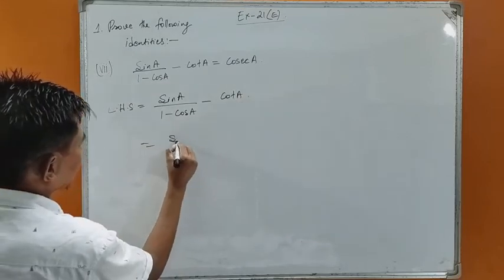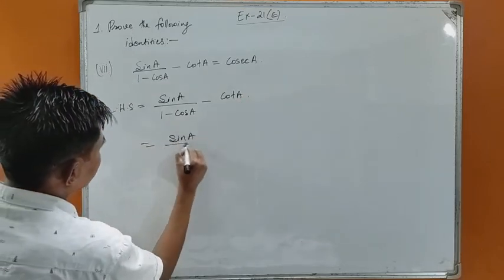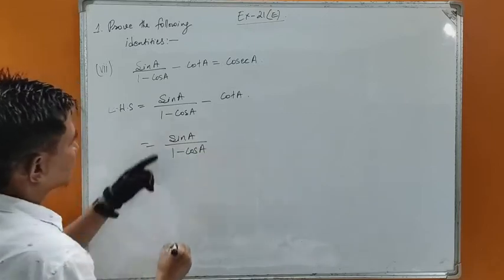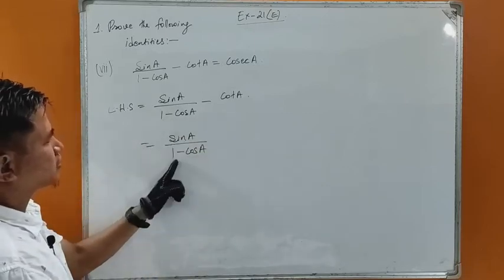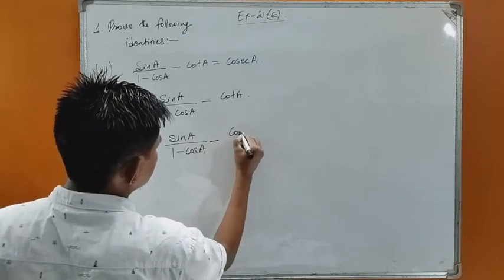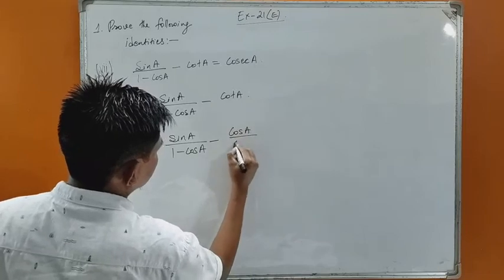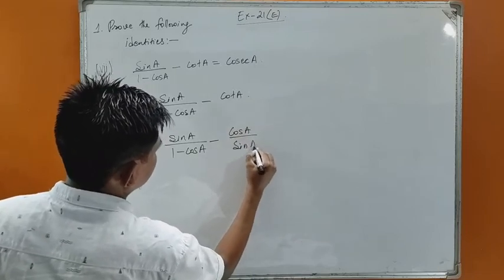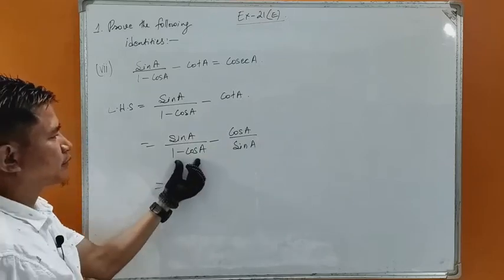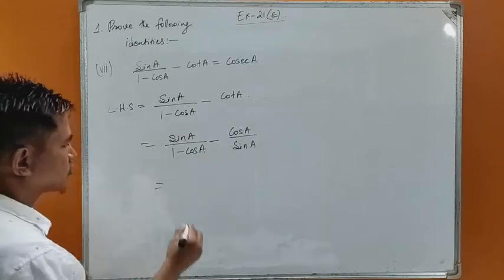So sin a by 1 minus cos a we copy as it is, okay? Sin a by 1 minus cos a minus cot a means cos a by sin a. Cot a means cos a by sin a, isn't it? So let's take the LCM of the denominators, sin a into 1 minus cos a.